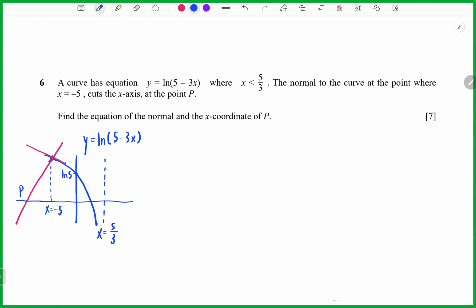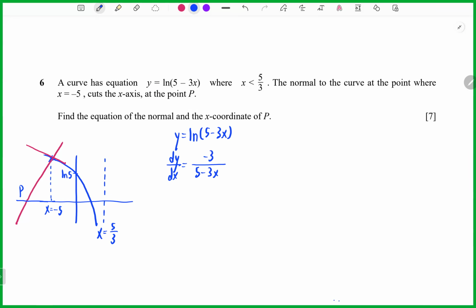Okay, so I can write out y equals to ln bracket 5 minus 3x. Get dy dx equals to, I copy, negative 3 over 5 minus 3x.